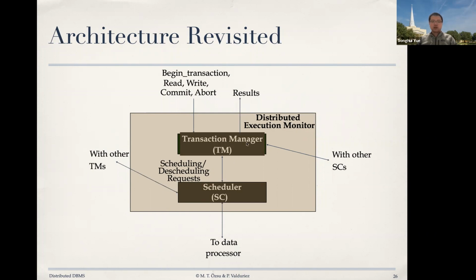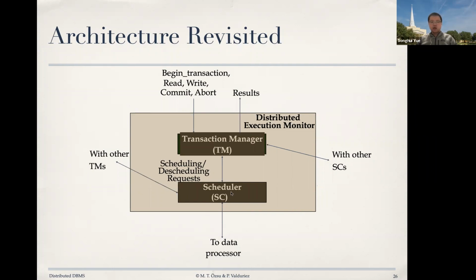The transaction manager in a distributed execution monitor handles everything about begin transaction, read, commit, and abort. It also returns results to the requester, and it works with the scheduler.